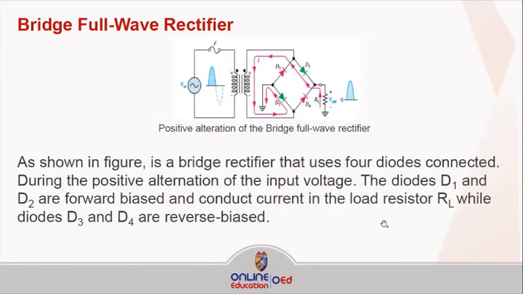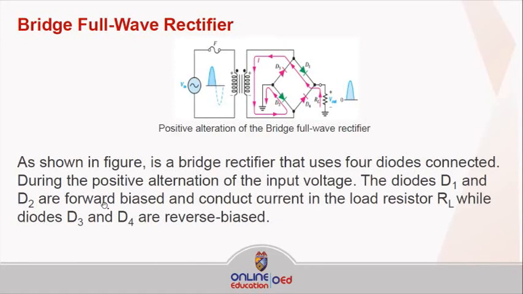Okay? How about the bridge full wave rectifier? Ano naman yung bridge full wave rectifier? As shown in the figure is a bridge rectifier that uses 4 diodes connected. Okay, makikita natin sa bridge type or bridge full wave rectifiers, meron tayong 4 na diode na connected.